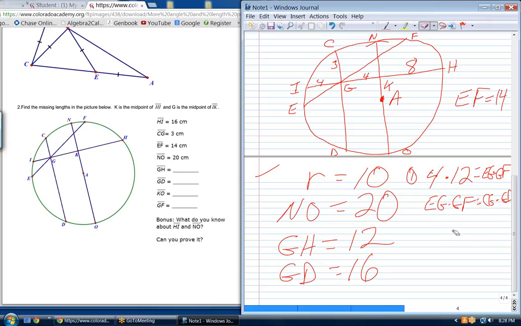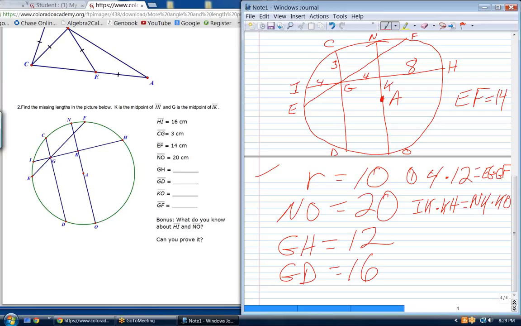Here, let's see. I'm first of all going to work with the chords IH and NO, okay? So what I know is the product of IK times KH, since they're both 8, that's 64. So I can say that IK times KH is equal to NK times KO.